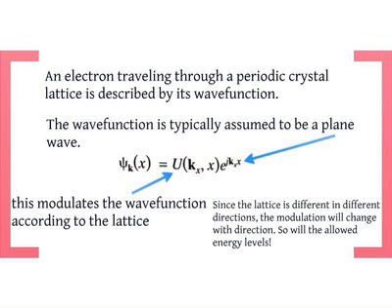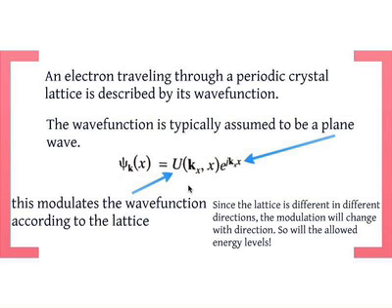That's common sense. That's what we would expect, which means that this part of the wave function will be different in different directions. As a consequence, this part also determines the energy of the electron, if you think about it. We'll come back to that later.